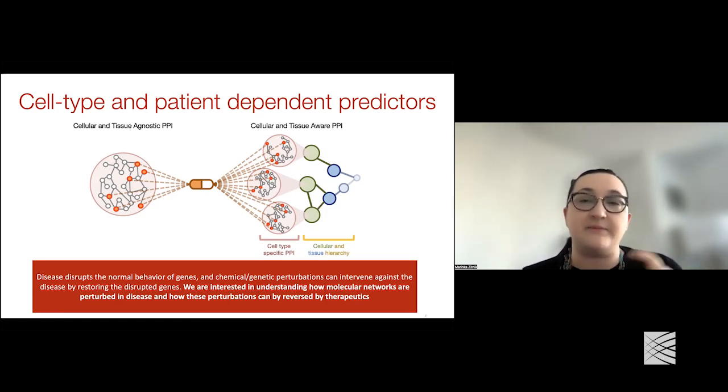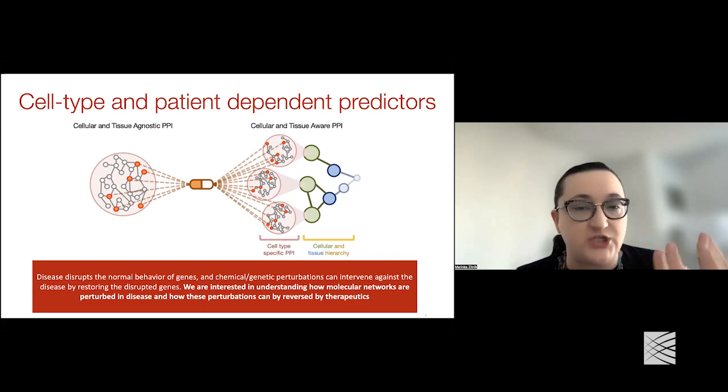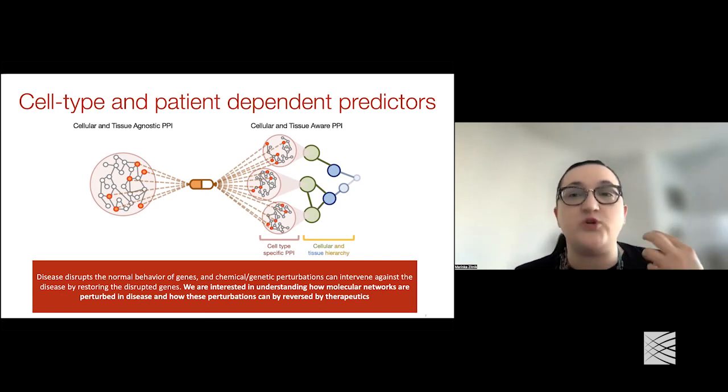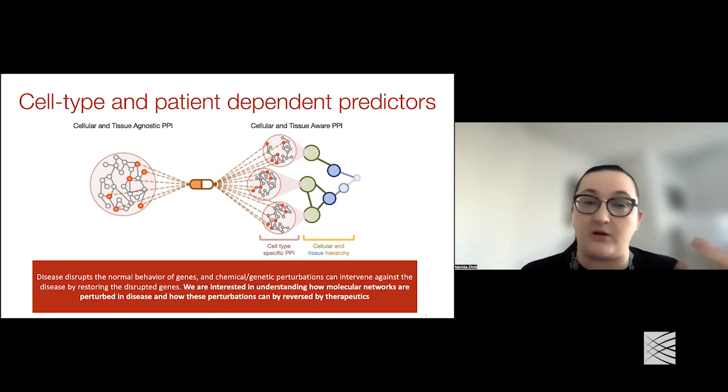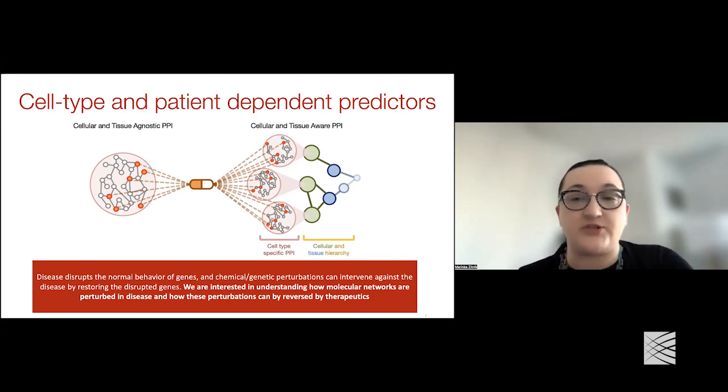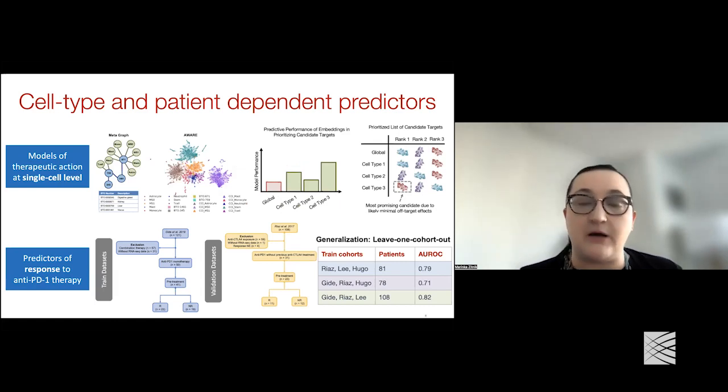With representation learning algorithms, we can learn representations that are context dependent, something that also was alluded to in Josh's talk. What would that mean? We can learn a representation of an object such as a gene that would vary depending on the biological context of that gene. It would vary depending on the cell type identity. It can vary depending on patient identity. Once we have those cell type and patient specific representations, one can use them for various downstream tasks.